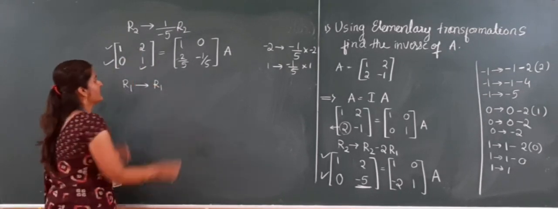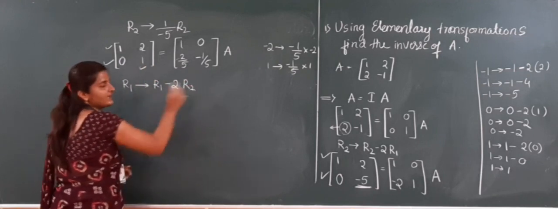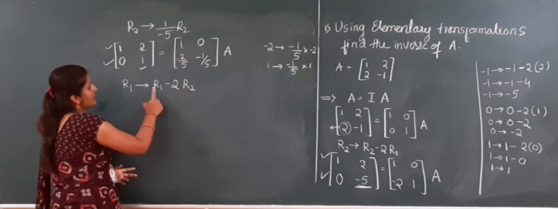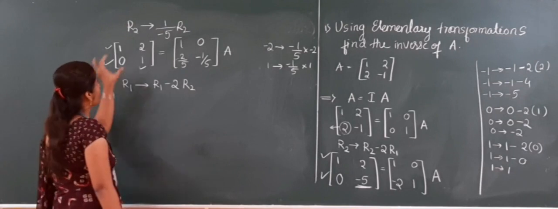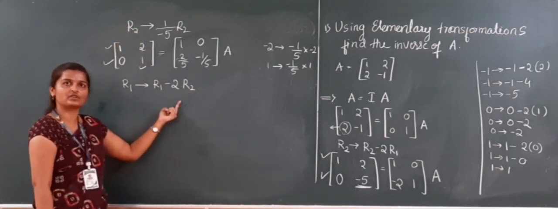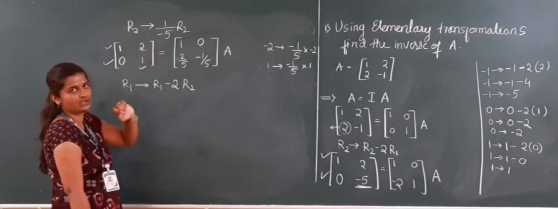Here 2 is there, I have to do minus 2 into R2, because in R2 there is 1. If you multiply 2 into 1, minus 2, minus 2, you will get 0. Okay? So for making zeros, you have to take the third row operation only. For making 1, you have to take the second operation.